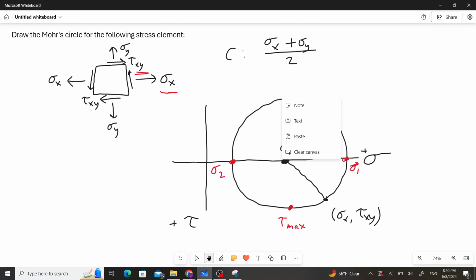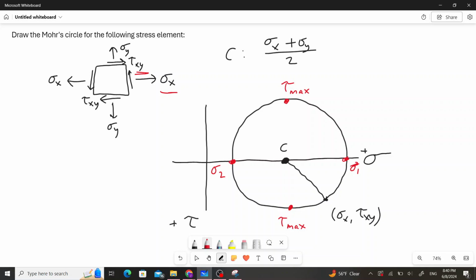It's the same value over here, just opposite sign but same magnitude. Just by looking at this circle, we can now use trigonometry to calculate what our normal stresses are and what our max in-plane shear stresses are going to be.